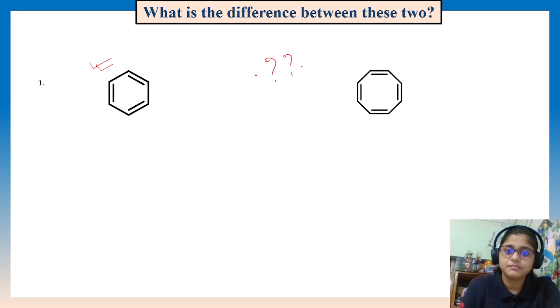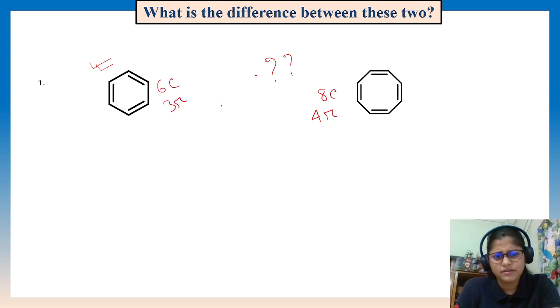One difference I can see from your eyes is that this has 6 carbon atoms with 3 pi bonds, and this has 8 carbons and 4 pi bonds.